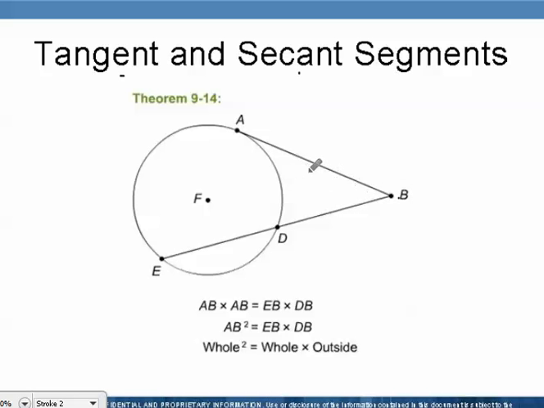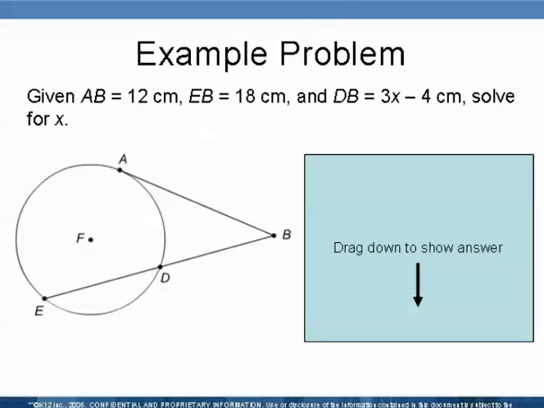But I don't have an inside over here. I don't have an outside for my tangent. So how would we work with that one? What they do is they say, well, you know what? Everything is outside. So if you said the whole thing, that'd be AB times its outside portion, which is AB. That's actually AB squared. So it is actually the same equation. Whole times the outside is equal to the whole times the outside.